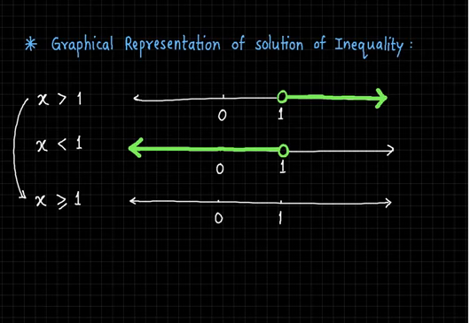Of course we have to show the entire region on the right side of 1, that is still part of the answer, but now we want to specifically include the value 1 also. So this is where we will show a darkened circle at 1. Earlier we showed the hollow circle to clearly tell that the value 1 is to be excluded. Here we show the solid circle at 1 to confirm that the value 1 has to be included.